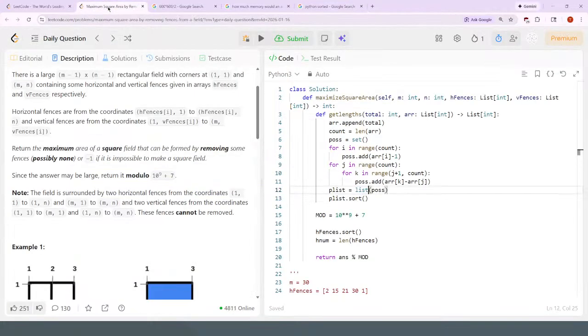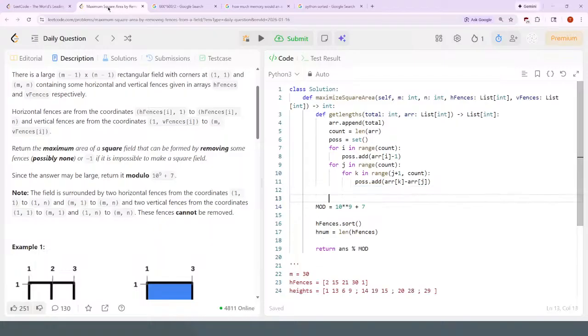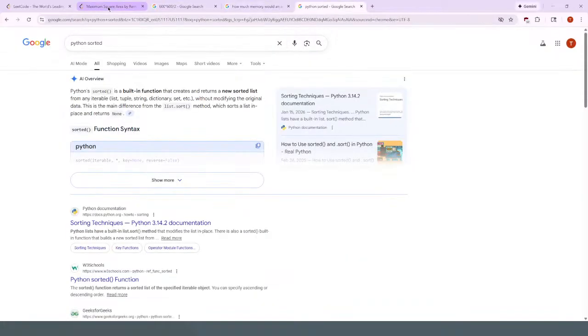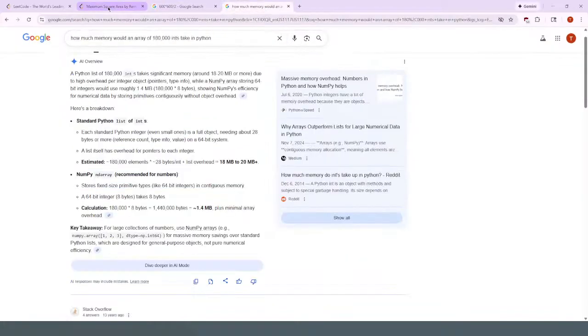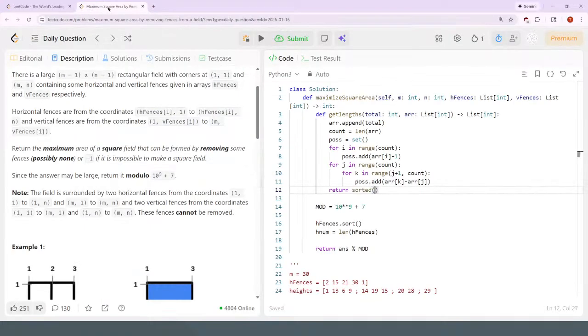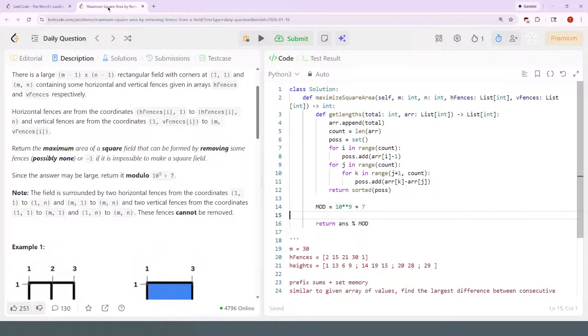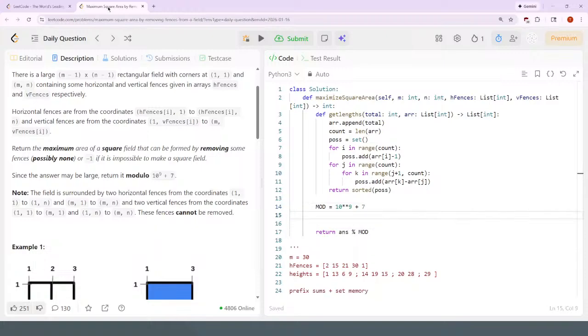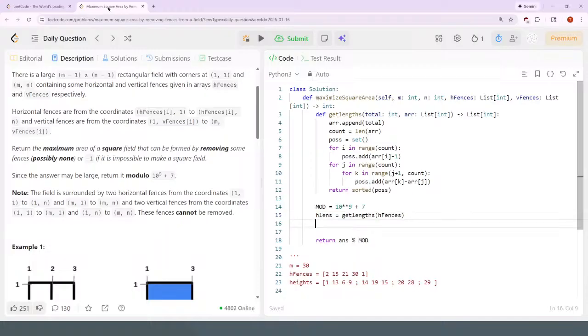Okay, yeah, I just need to return sorted of the possible list. And then h lengths are going to be get lengths of the h fences, v lengths is equal to get lengths of the v fences.